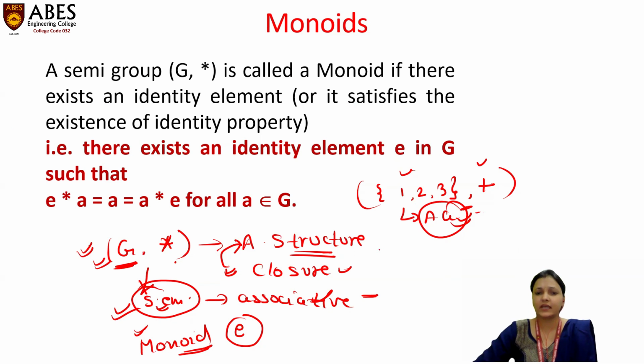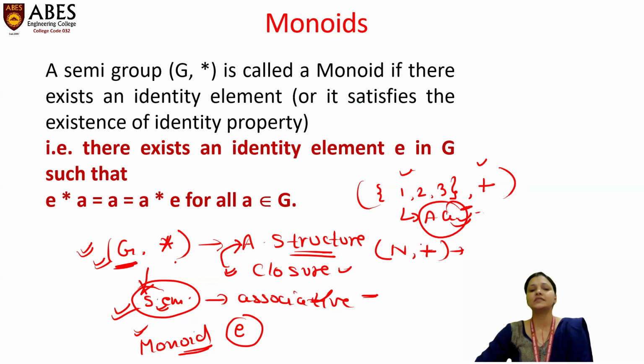For example, we will consider another example, the set of natural numbers with addition. We will check for the closure property. If we apply the addition operation between any two natural numbers, we will get a natural number. So the closure property is satisfied, hence it is an algebraic structure.